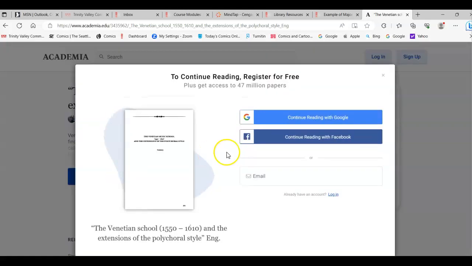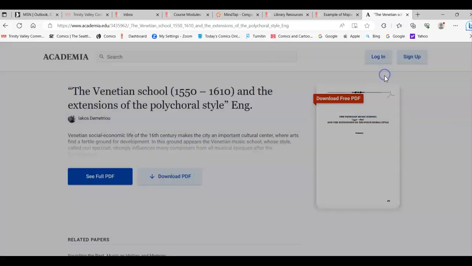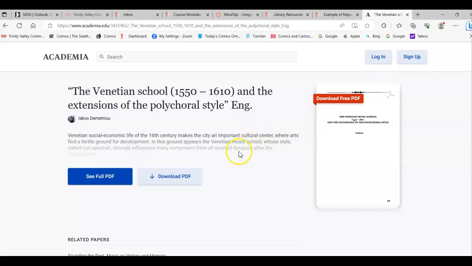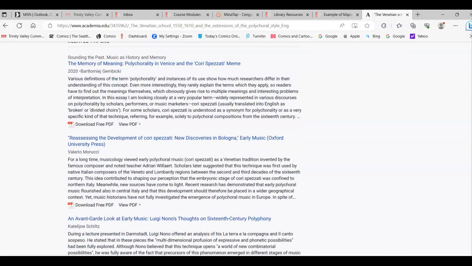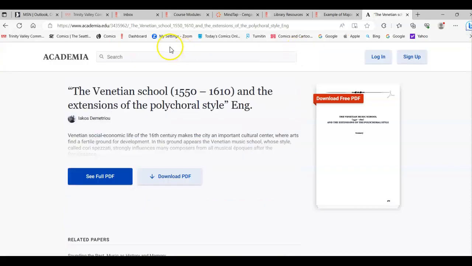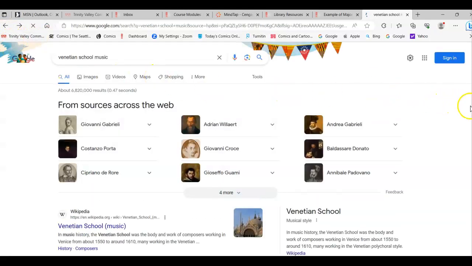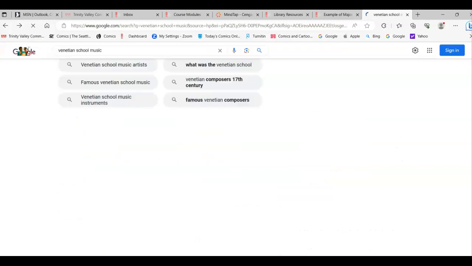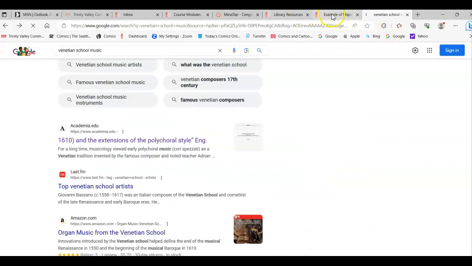And you can see the full PDF. You have to register for it. I must say, I think there's a way of seeing this one without having to register like that. But again, it may be that I haven't access to it and I can't share my login with you guys. I'm sorry. But again, those are some sources to look at.